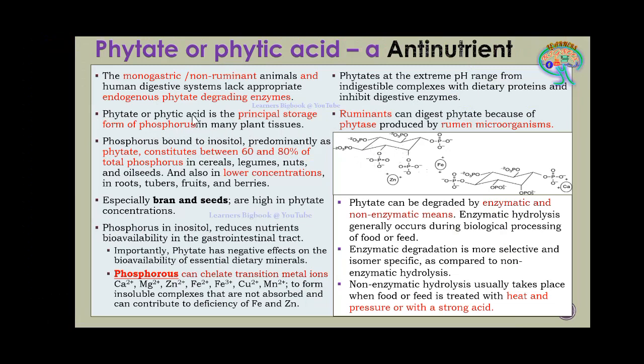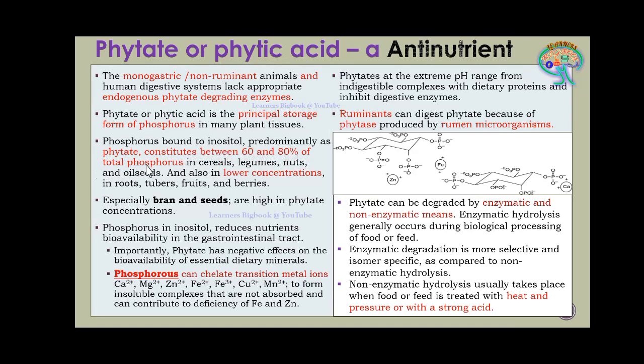So these phytates are present in the plant tissues, where it is going to have both the myo-inositol or the inositol and the phosphorus together. Now here this phosphorus bound to inositol predominantly is going to constitute 60 to 80% of the total phosphorus of the samples of cereals, legumes, nuts and oil seeds.